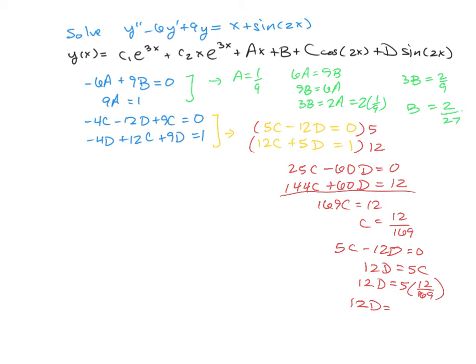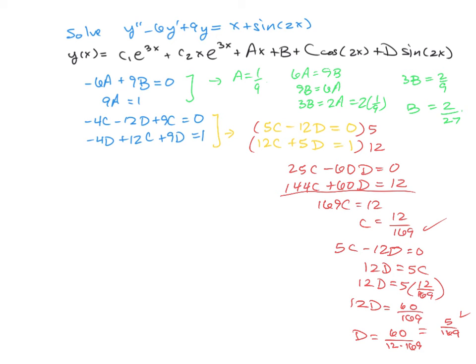It was here. No, that's right. All right, so we got 12d equals 5 over that, so that's going to be 60/169. So d is equal to 60/12 times 169. So that's 5/169. So we've got our c, we've got our d, and we are ready to write down our particular solution.